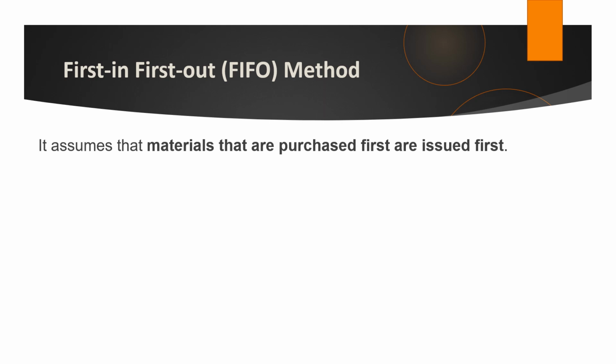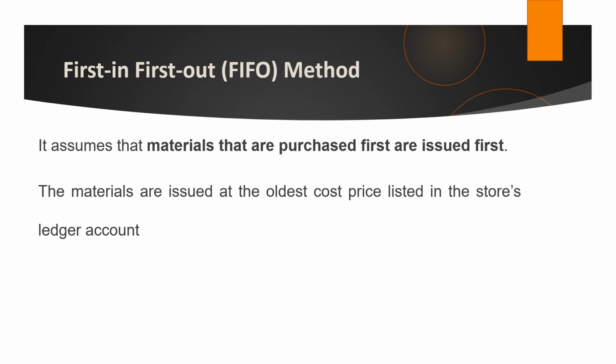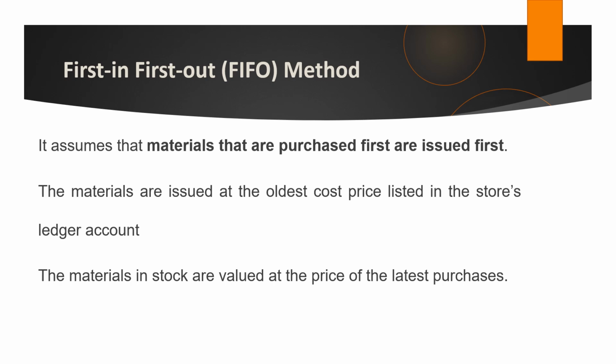The FIFO method is based on the assumption that materials that are purchased first are issued first. As a result, the materials are issued at the oldest cost price in the store ledger account and shown in the cost of sales, and the material in stock is valued at the price of the latest purchases.